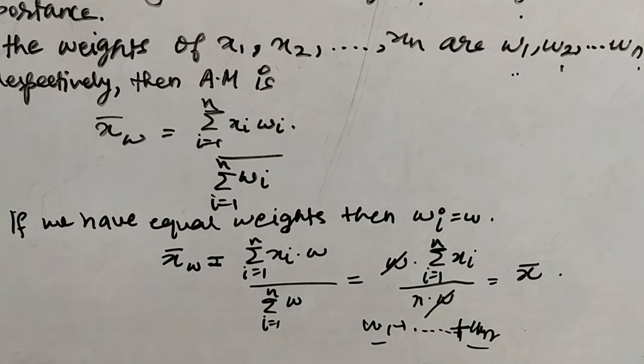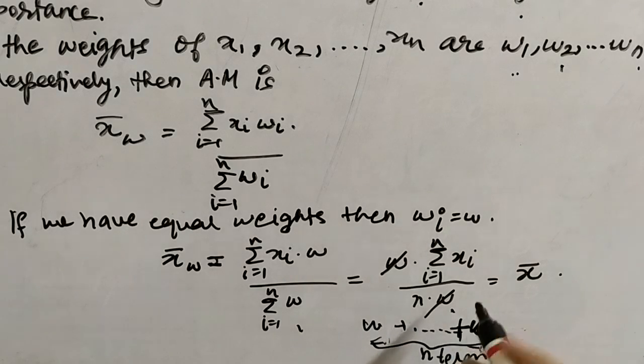So what are these? Oh sorry, here w's are constant. All the w's are equal, so we are actually summing till n. These are a total of n terms. That's why after summing up, we get this value as n times w. You can take this example with any number.